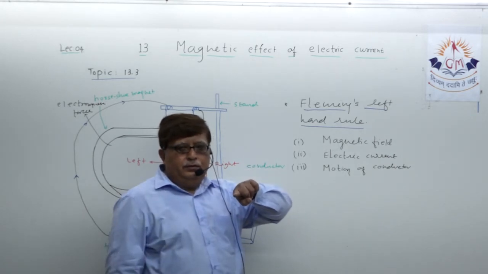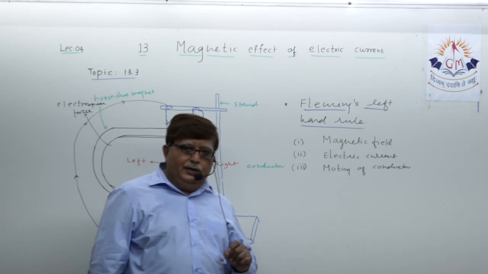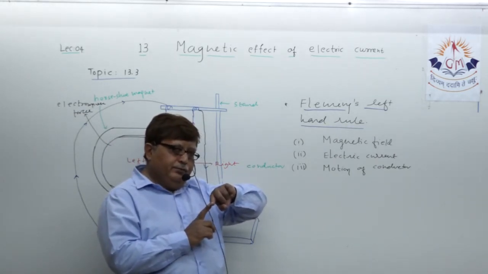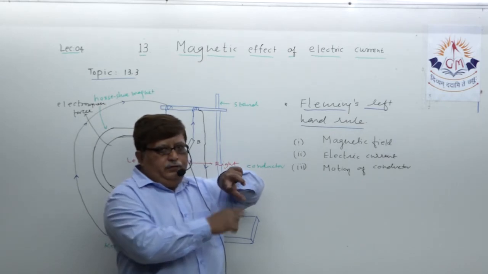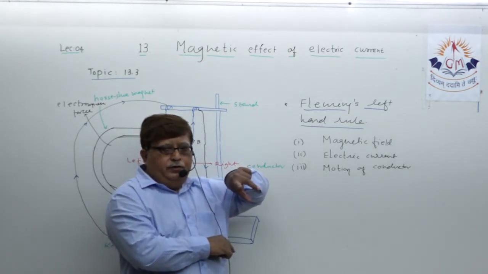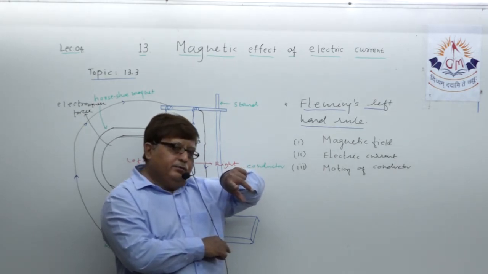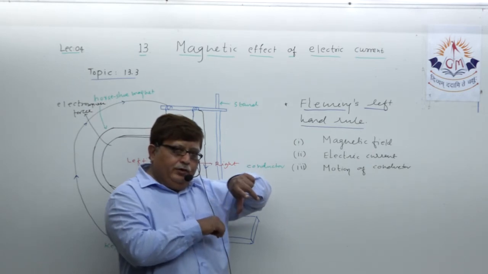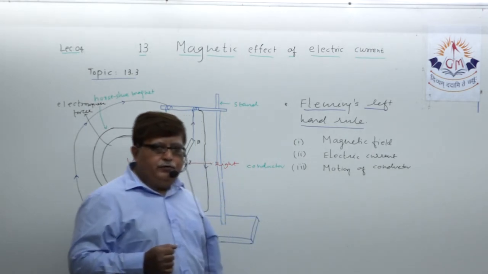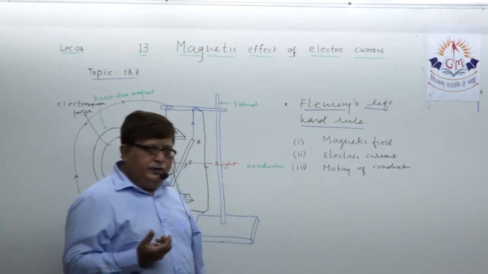Forefinger shows the direction of electric current. Middle finger shows the direction of magnetic field. Then thumb will show the direction of motion of the conductor.